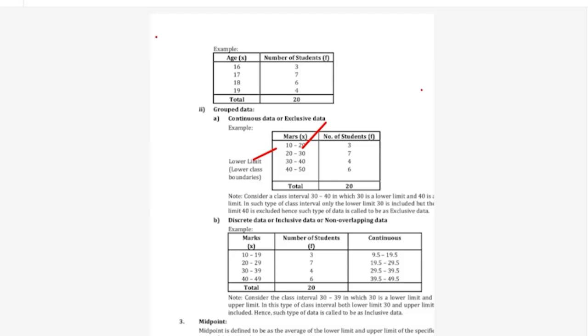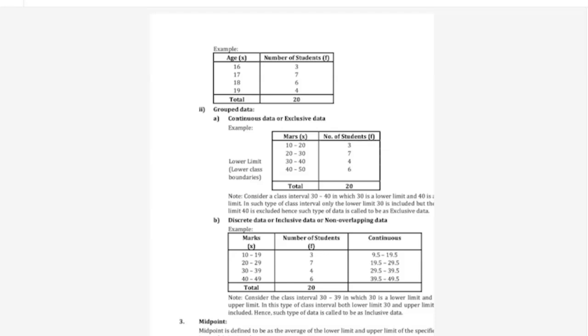Therefore, such type of given data is called continuous data.